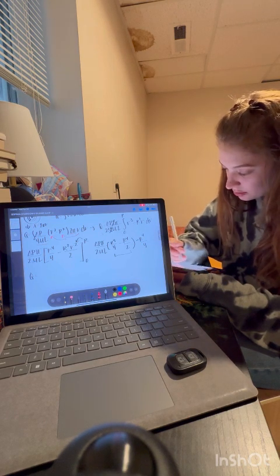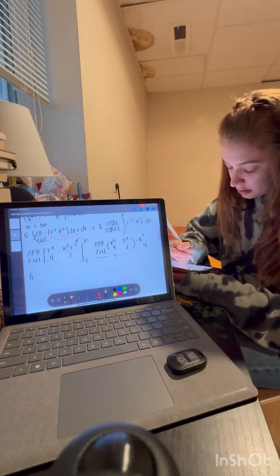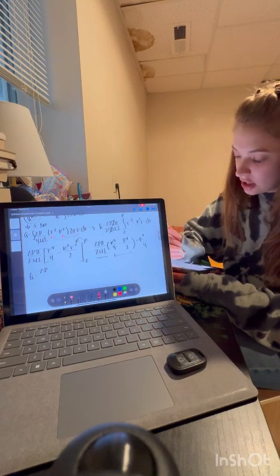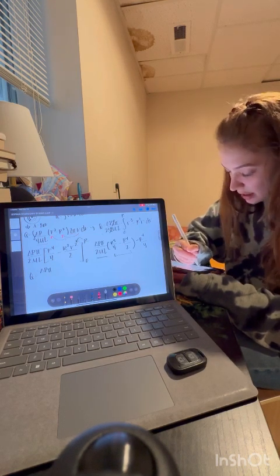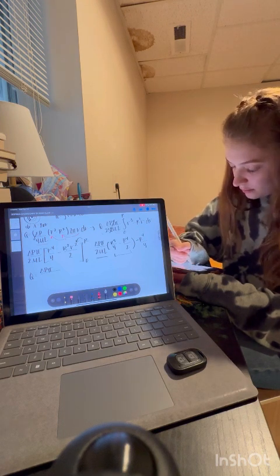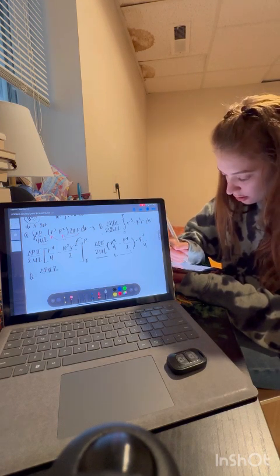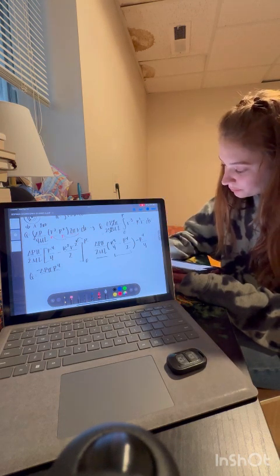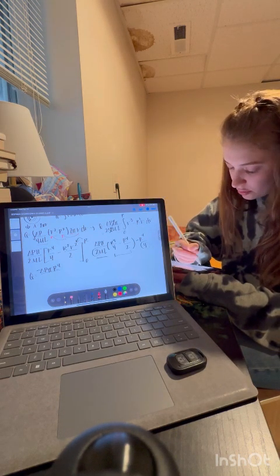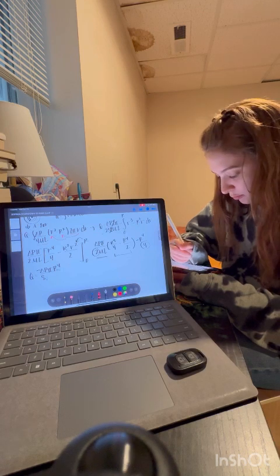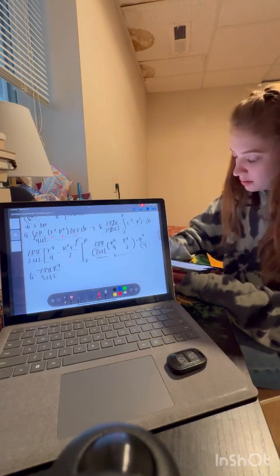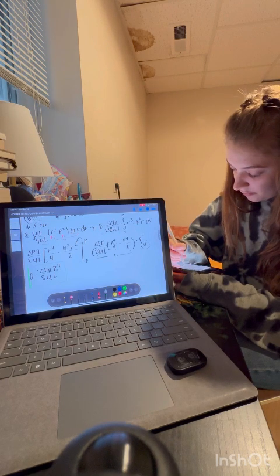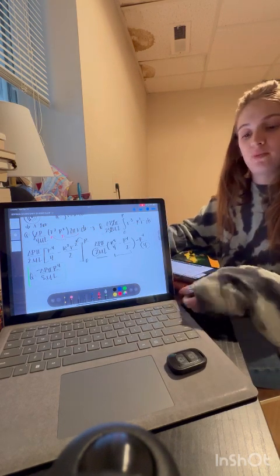Q equals change in pressure times pi times R to the 4th, negative. And then our 4 times our 2 gives us 8 mu L. That is our volumetric flow rate for question 2.